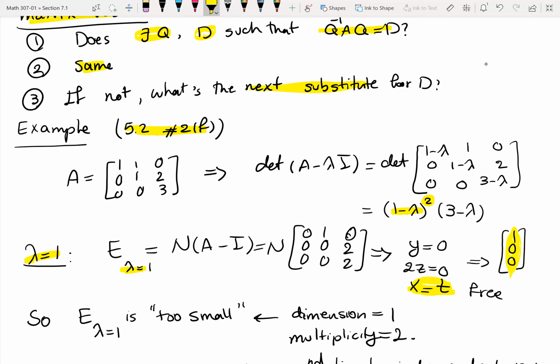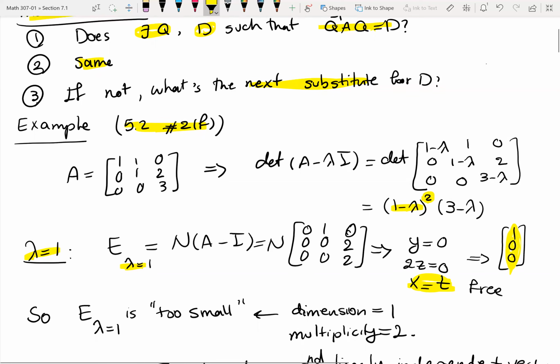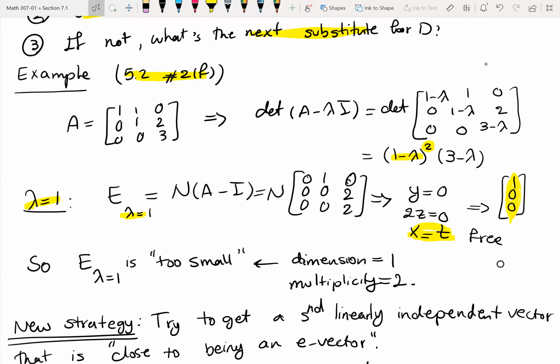I don't have enough vectors to make the columns of Q, or the basis that I need, because there is 1 free variable but the multiplicity is 2. The dimension of the eigenspace is just 1, which is too small; I need one more. So it is not diagonalizable.